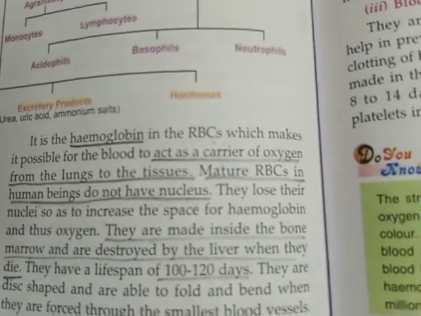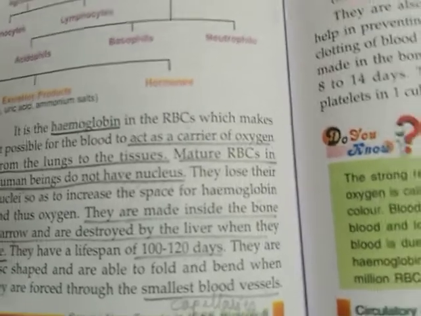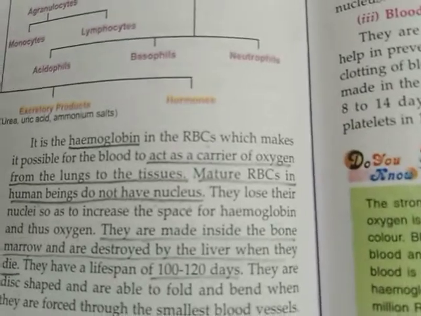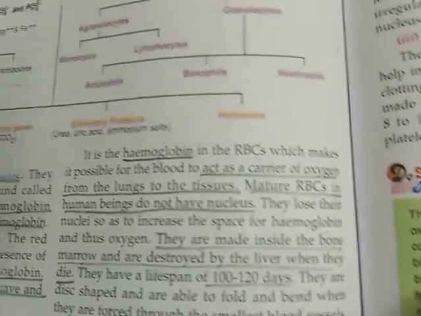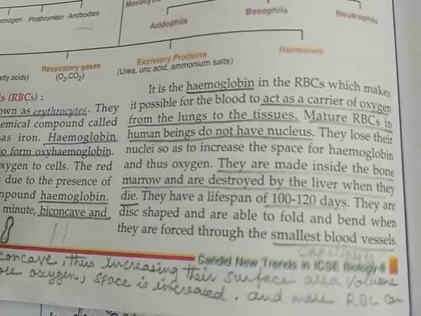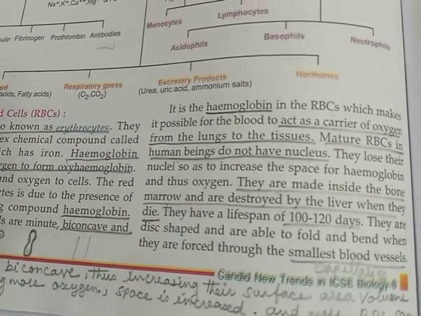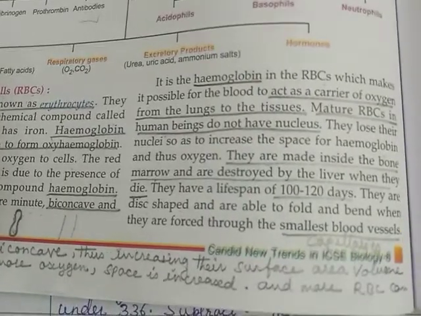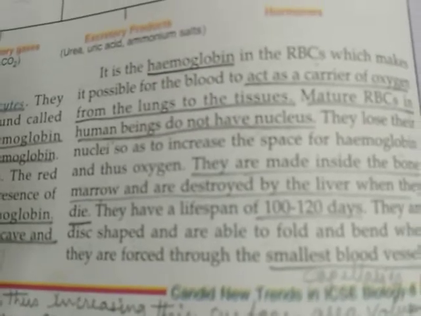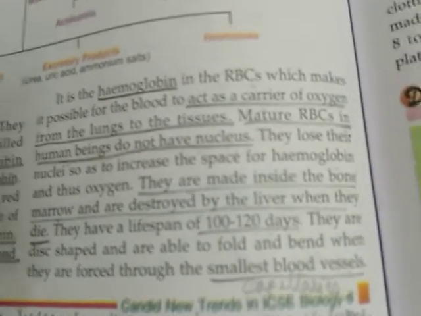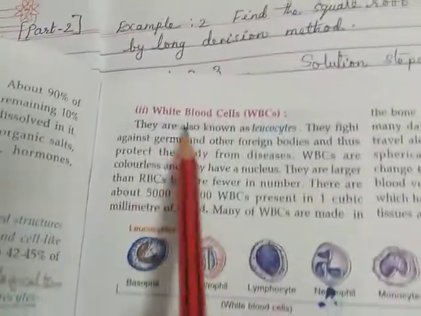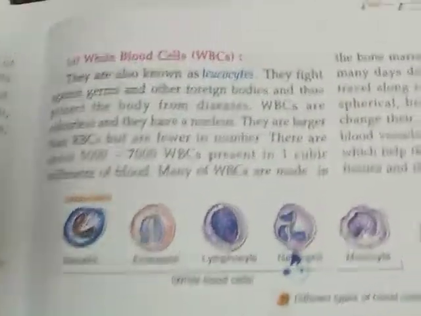And you have seen, children, that the mature red blood cells are denucleated, or they do not have any nucleus. The reason behind it is that it increases the surface area and volume to absorb more oxygen, and more red blood cells can be accommodated. So today, children, we will study about the white blood cells.